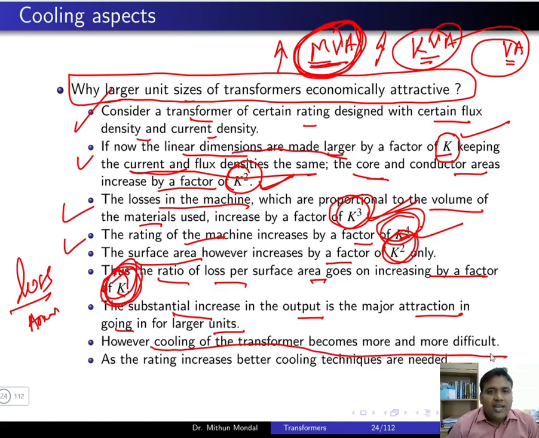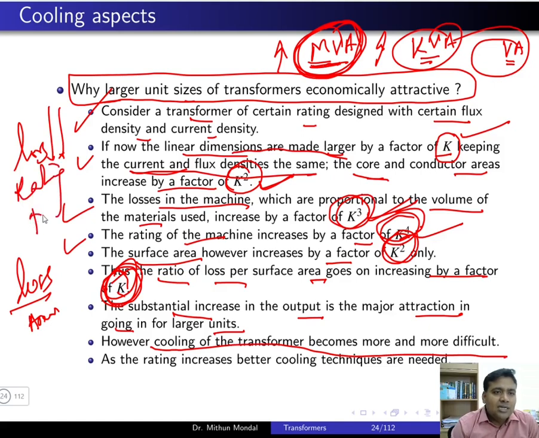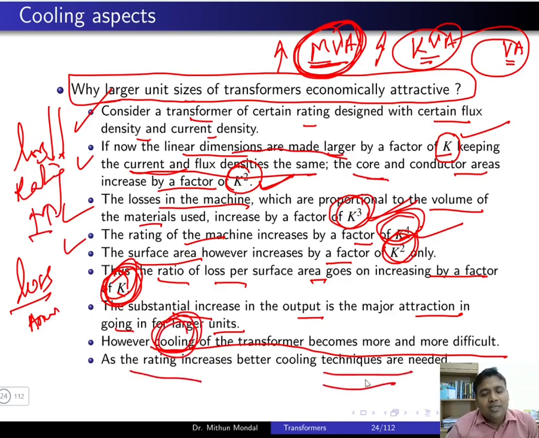Whereas the loss is considerably reduced when the rating of the machine is increased, the cooling requirement becomes difficult. As the rating increases, better cooling techniques are needed for the transformer. That is the reason it is economically attractive to go with a higher power rating of a transformer, but cooling will be a challenge.